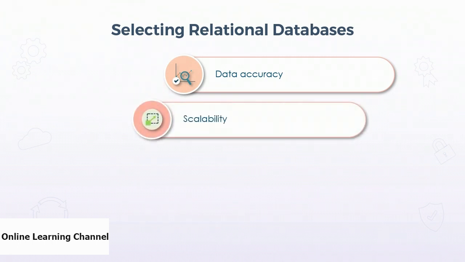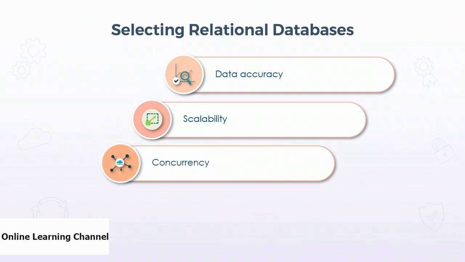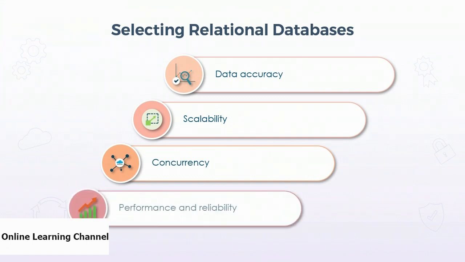How big is your data going to get, and can the database support it? How many users will be using your system concurrently, and will your system support data accuracy with this concurrency? And what sort of performance and reliability or uptime do you need to guarantee? These questions will help you determine what type of relational database solution is best, or if you should look at non-relational solutions.